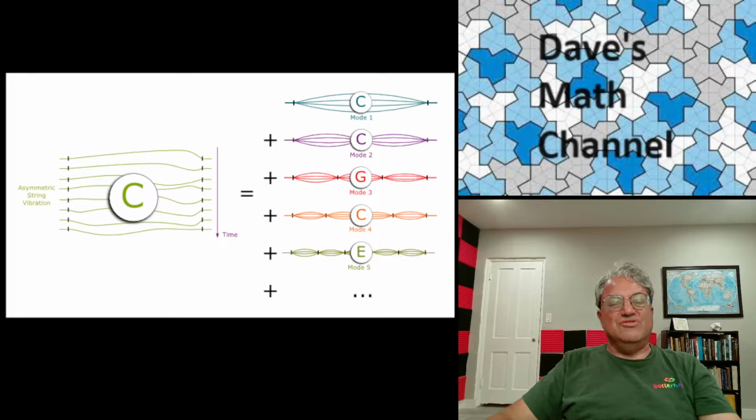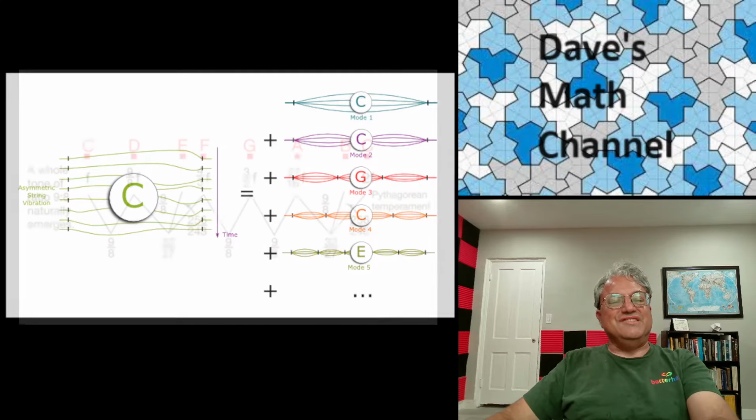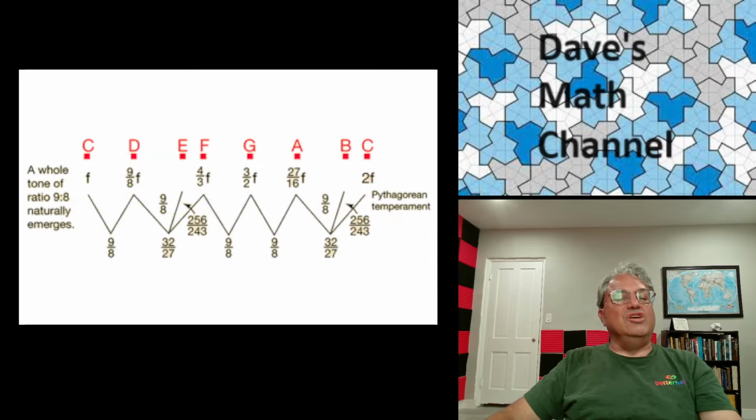It starts sounding like noise, which is another interesting phenomenon. If you do the first eight harmonics and play them all together, it sounds like music. But if you go beyond the eighth harmonic, it starts sounding like noise. Interesting, I think.